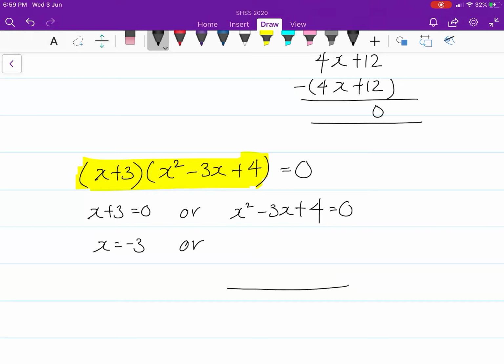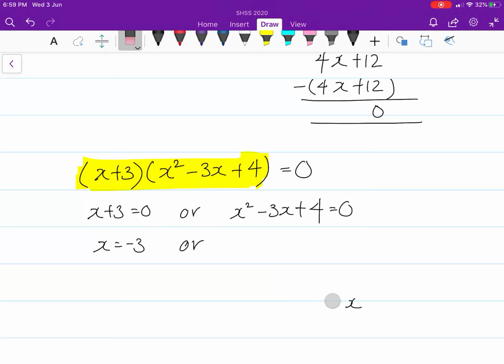Can we factorize it? x squared positive 4, negative 3x. Let's try. So this is x, this is 4, this is 1. You can't factorize it.